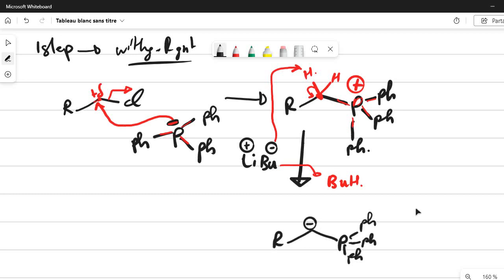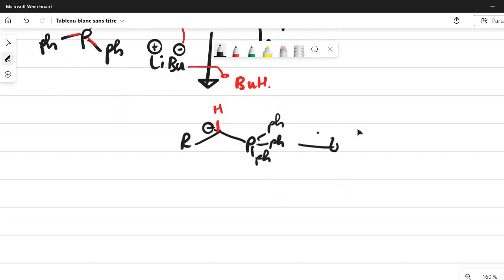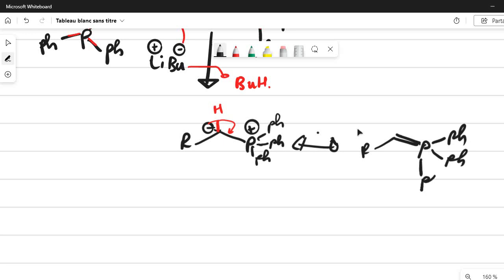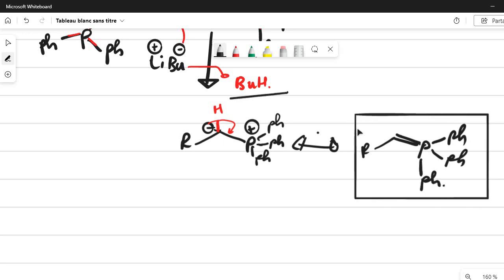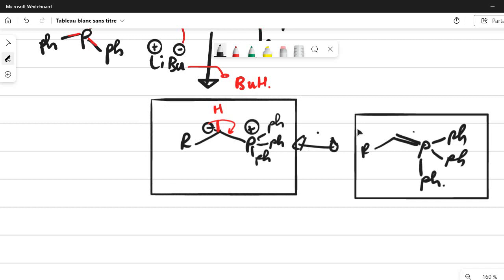We don't forget that we still have one hydrogen. Let me just write it here: one hydrogen and the negative charge. This can be written this way, or the negative charge could be added here. I don't have to forget the positive charge, so I can add the P=C bond next to the phosphorus, and we have our reagent. So it's either this one or this one. Both of them are correct.